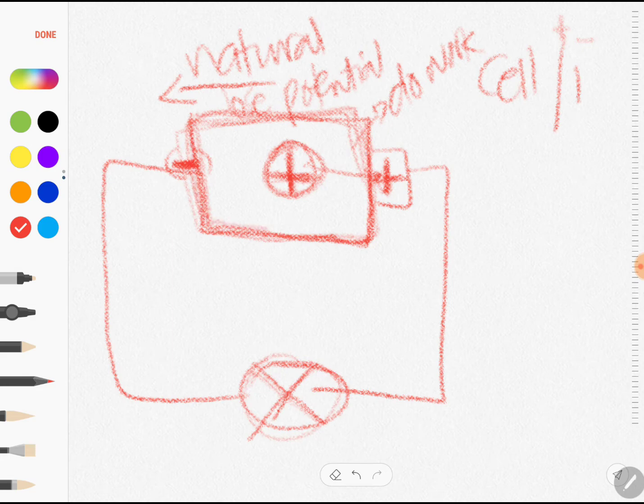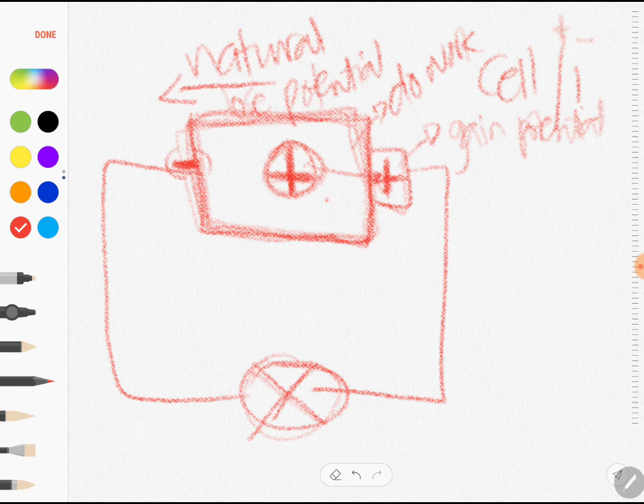So that's what a battery is doing. Why do we want to push this positive test charge towards a positive charge? So that it will gain potential. So if it moves towards a positive terminal, it will gain potential in this area. Okay, so gain potential.